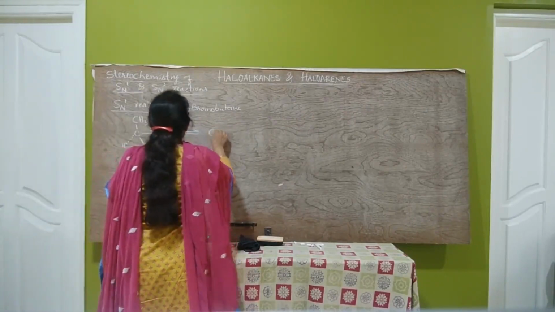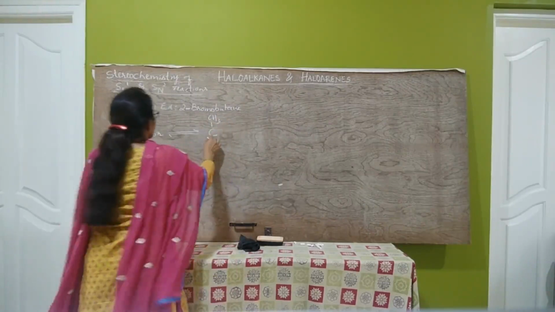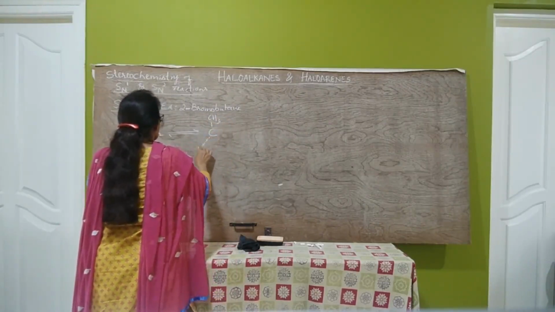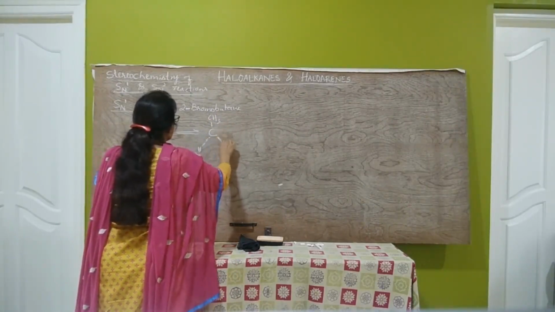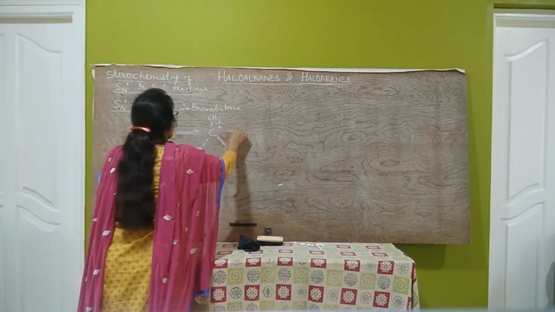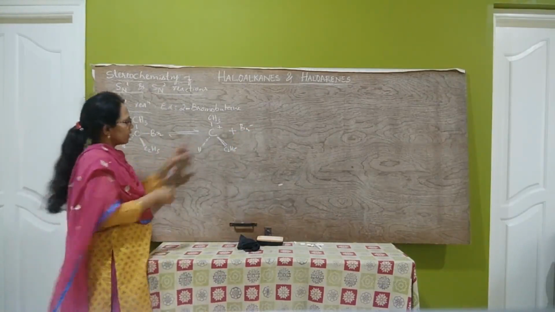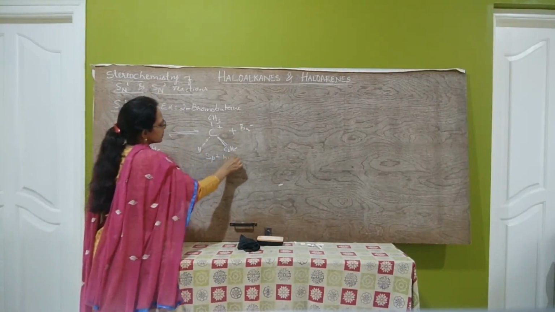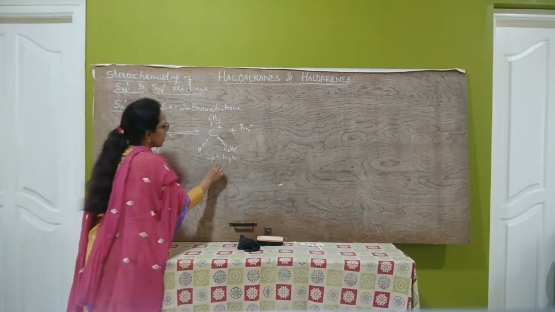The formula of the carbocation which is formed is CH3, C+, H, C2H5, plus Br minus. This is the carbocation. This is sp2 hybridized.